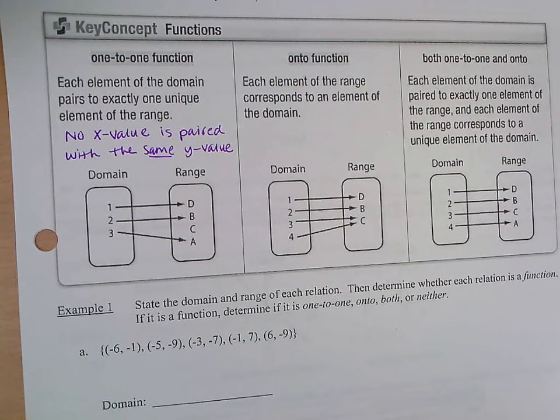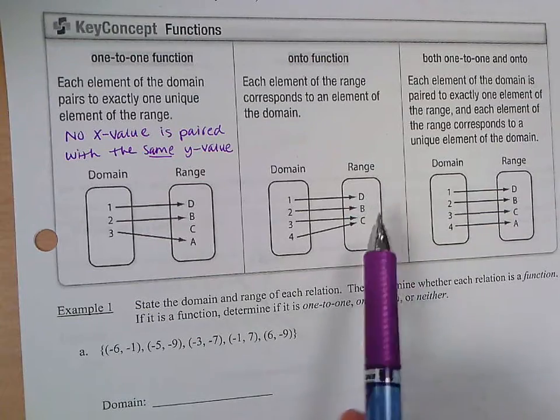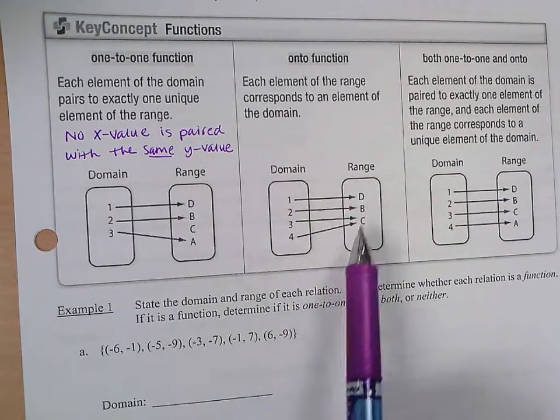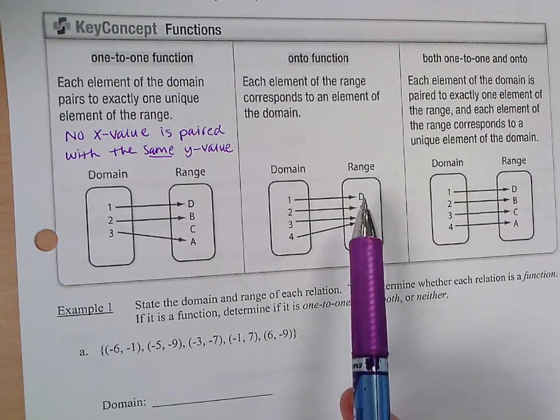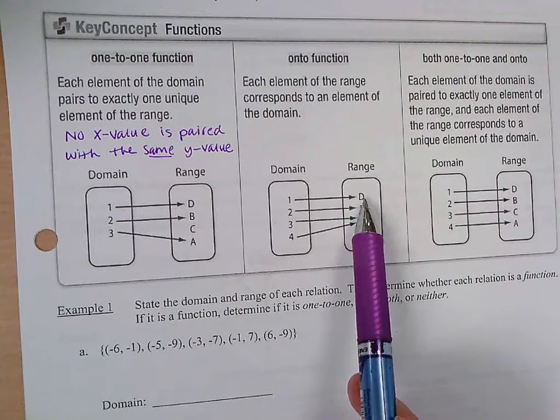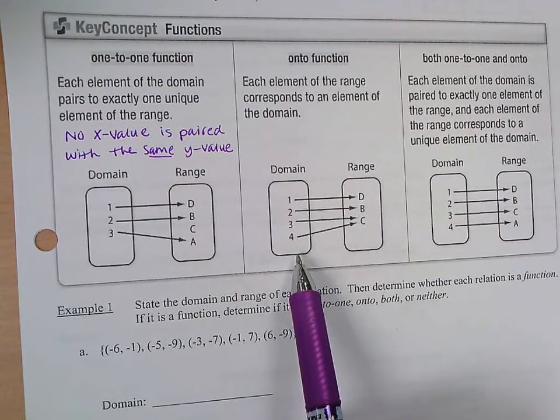Then you can have a function that's called onto. And what this means is each element of the range, so each y, corresponds to an element of the domain. So ultimately, if you look at this diagram here, this is called a mapping diagram. Notice that all of the elements of your range are being used. They're all paired with an element in the domain.